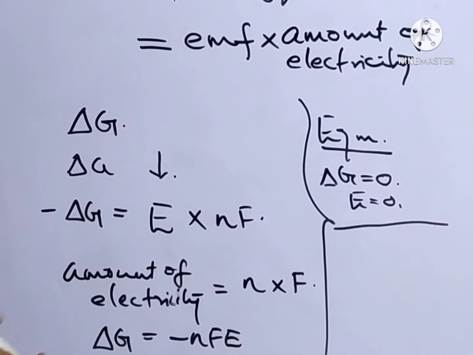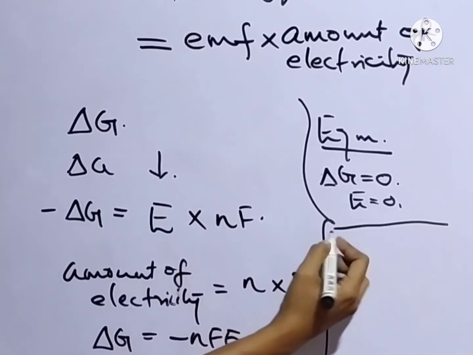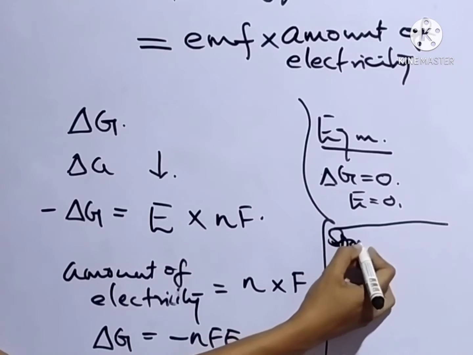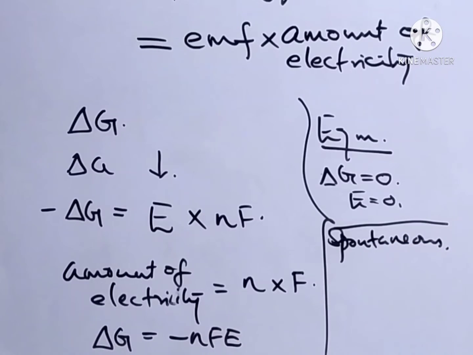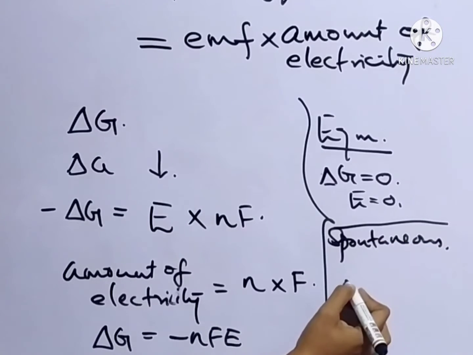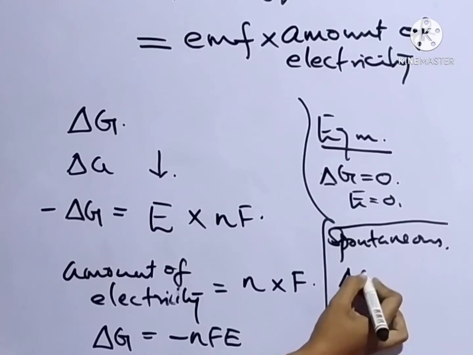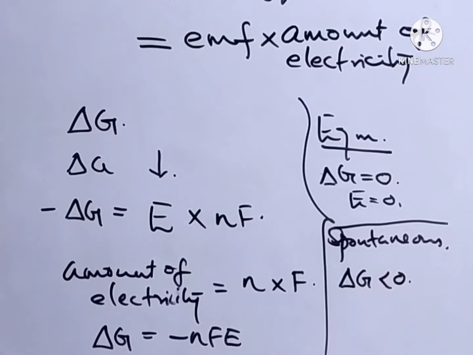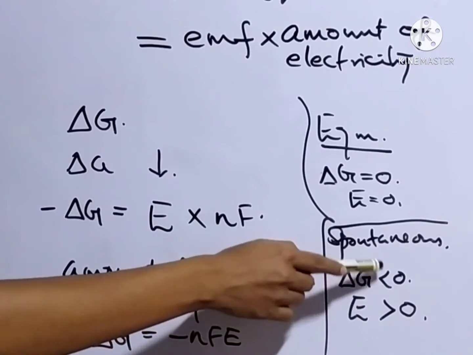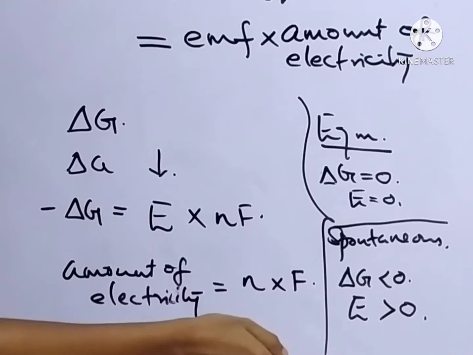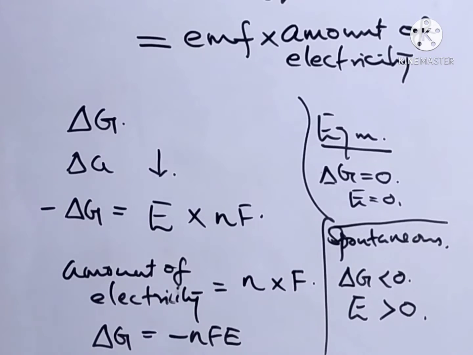If we consider this reaction as a spontaneous reaction, then the conditions are delta G is less than 0 and E is greater than 0. For non-spontaneous processes this condition will be reversed. That is, delta G greater than 0 and E less than 0.